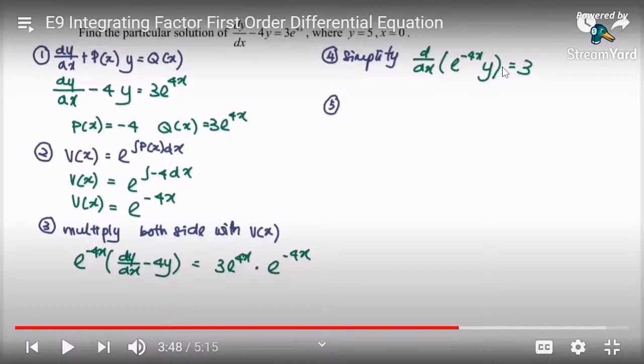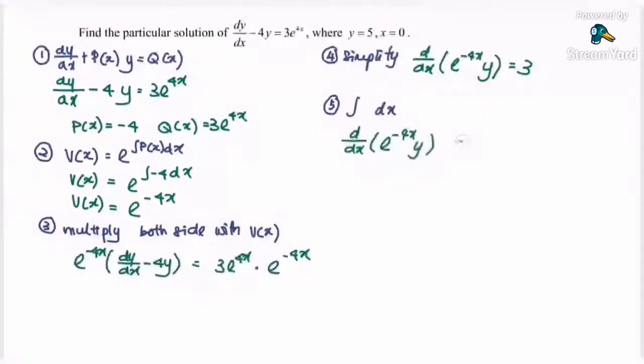Meaning that we will have d dx bracket exponent negative 4x multiplied with y is equals to 3. So we have to integrate both sides with respect to x. So if we integrate the situation, we will have e negative 4x multiplied with y is equals to 3x plus c.